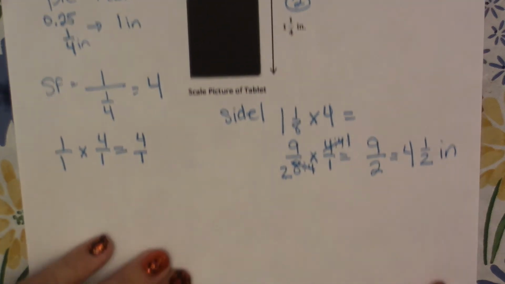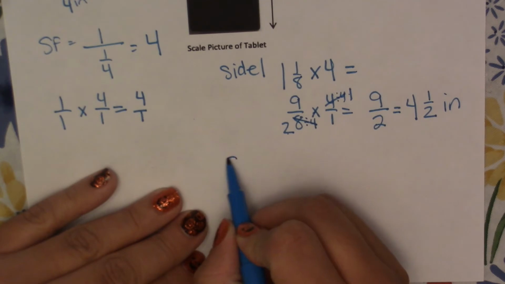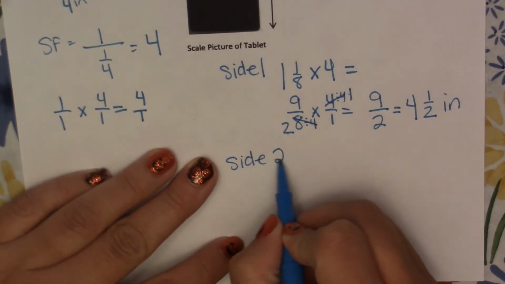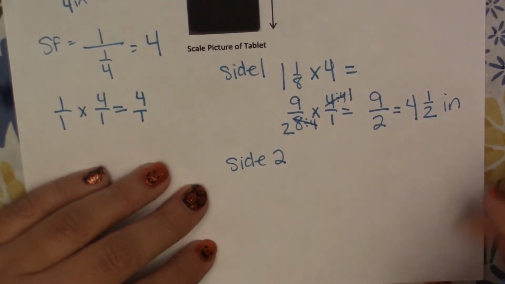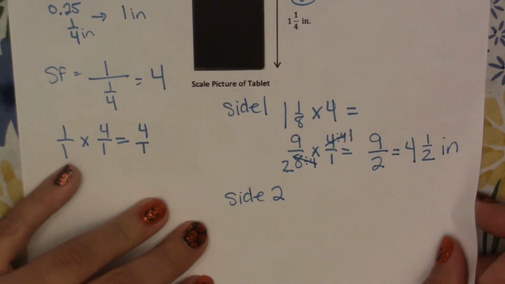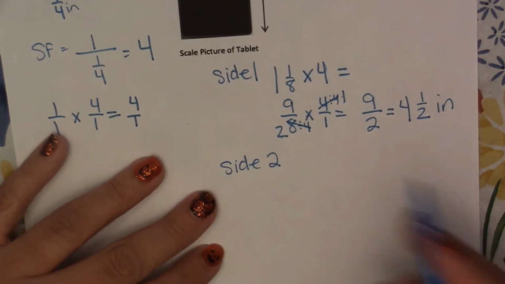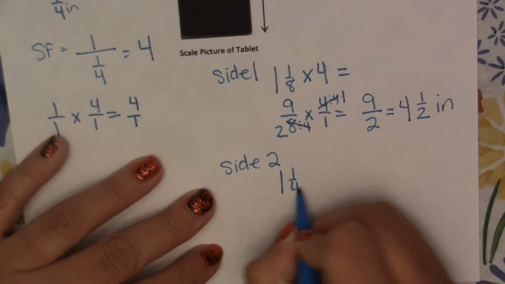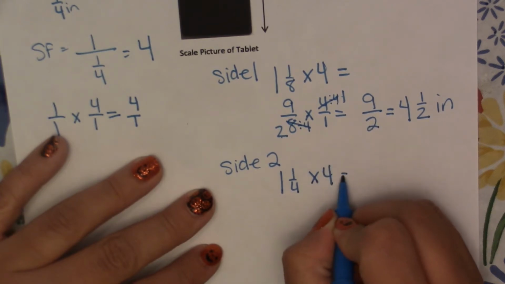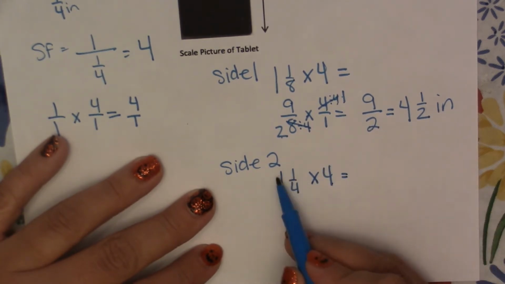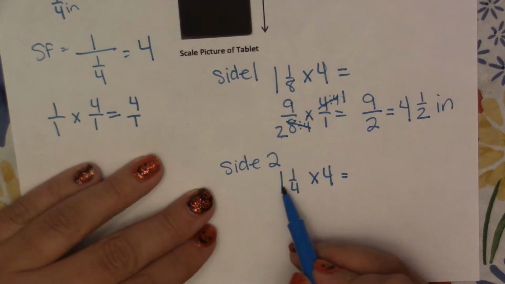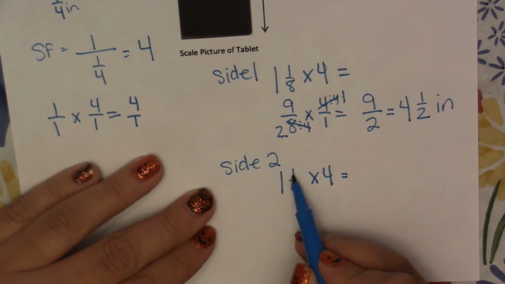All right, I'm going to scoot this up, and let's do side 2. Side 2 measures 1 1/4 inch. I'm going to apply my scale factor. I need to make this an improper fraction. 4 times 1 is 4, plus 1 is 5.